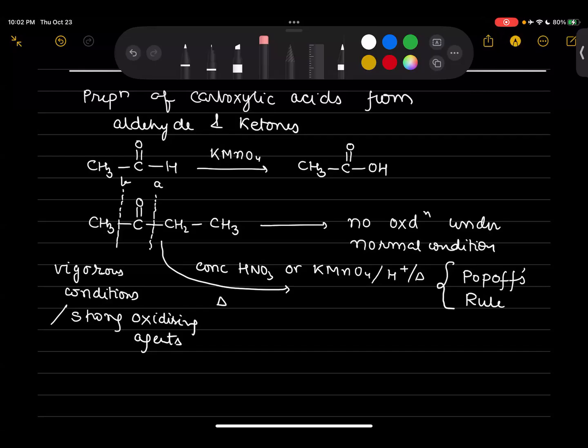The rule says that while breaking the ketone during its oxidation, the CO group, the C double bond O group, must go along with the smaller alkyl group. Got it? CO goes with the smaller alkyl group. Is it clear or not?